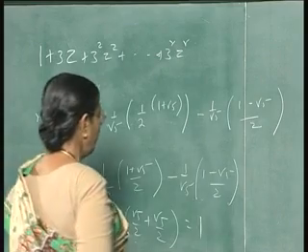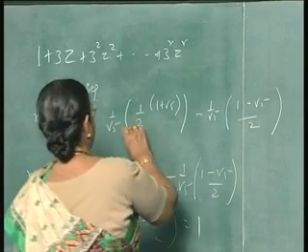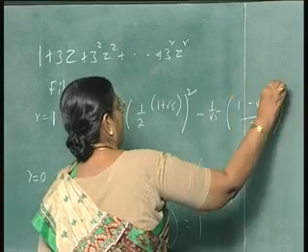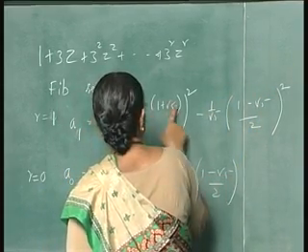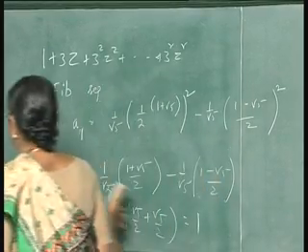What about A1? R is equal to 1, this the whole square and this the whole square. A1 is given by 1 by root 5 this and this. Let us simplify and see this.